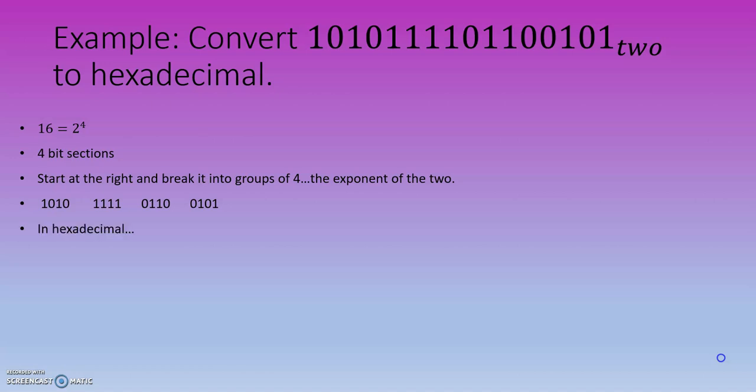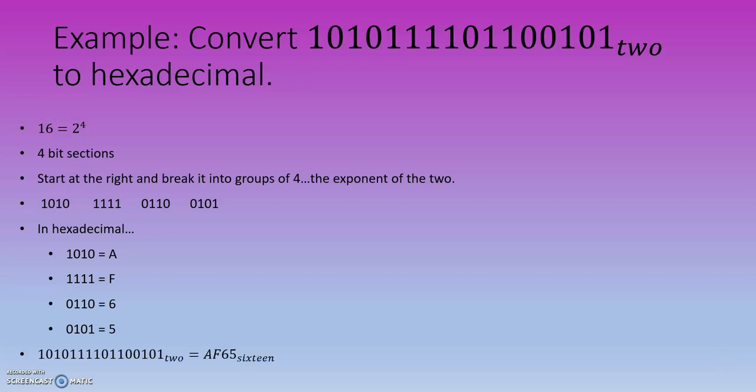In hexadecimal, 1010 equals A, 1111 equals F, 0110 equals 6, 0101 equals 5. That binary number base 2 equals AF65 base 16.